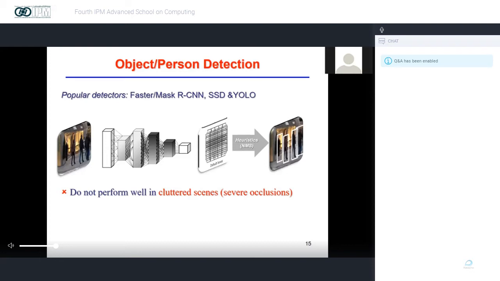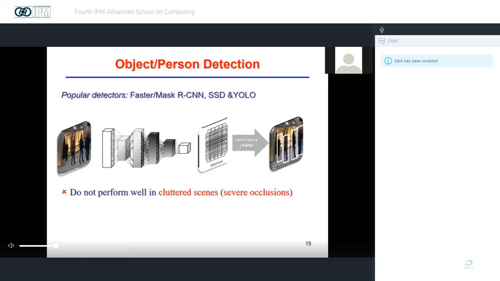of learning. The idea in NMS is a discretization process, because from this dense grid, we need to just pick a subset of the boxes as a final output. And we cannot simply threshold them. We need to do a more complex optimization, like a pairwise optimization.